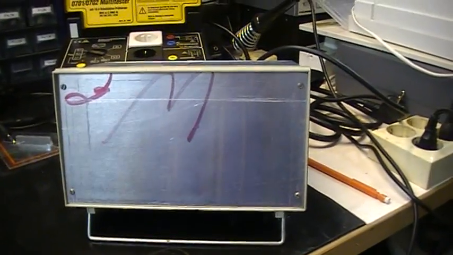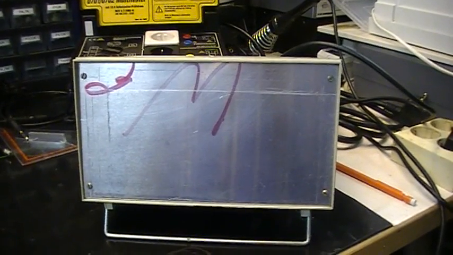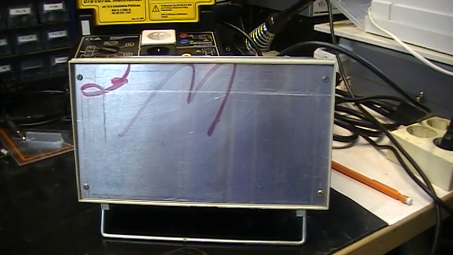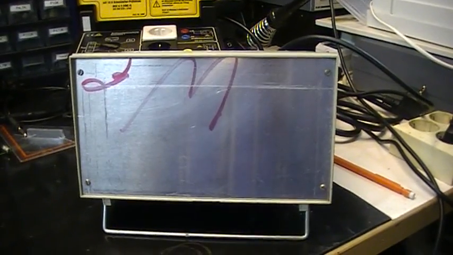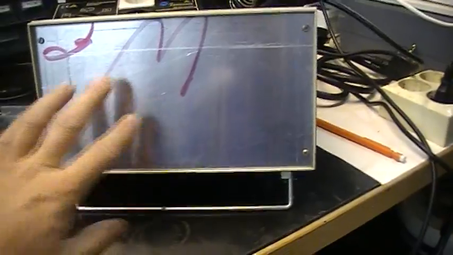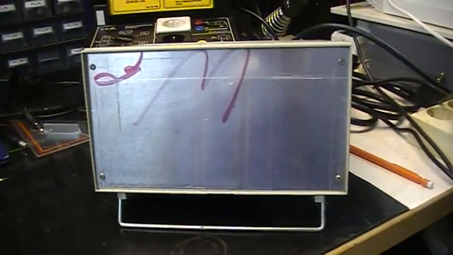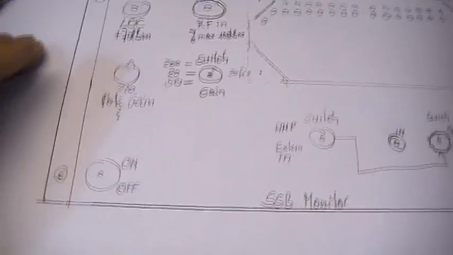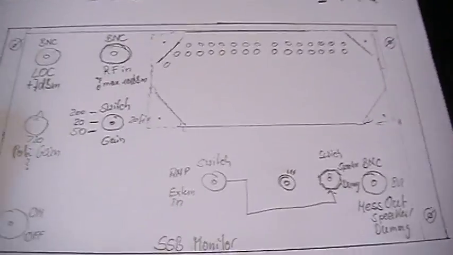Okay, so far the new front panel is ready. So now I have to think a little bit about how to lay it out, how to design it. And currently I have an idea on what we could do so far.